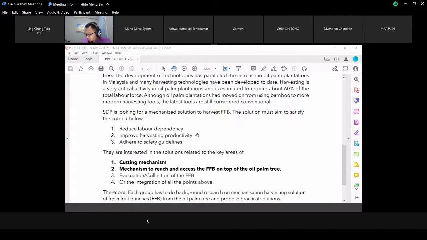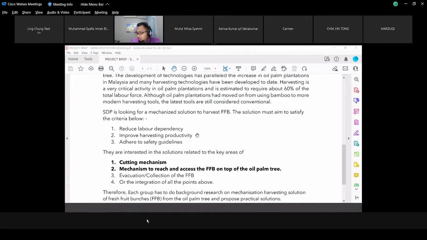Doctor, for collection, do we not need to consider it in our design? For collection, item number 3, it's fine not to for now. But if you would like to consider it as well, you can, no problem.